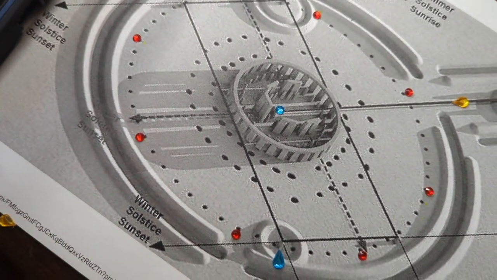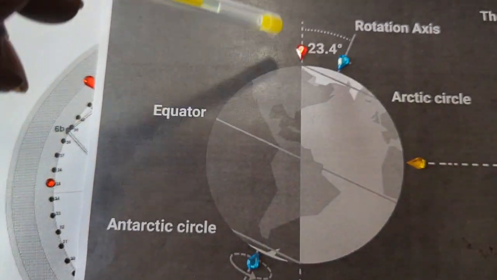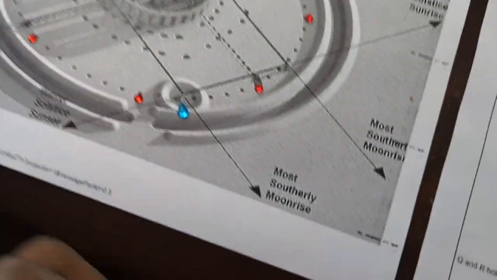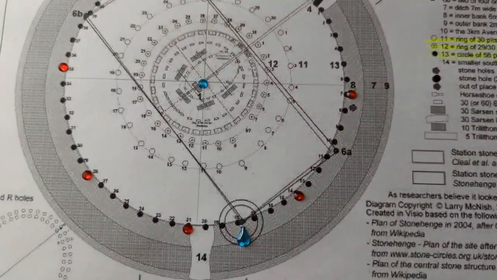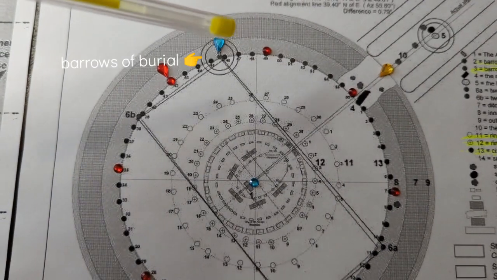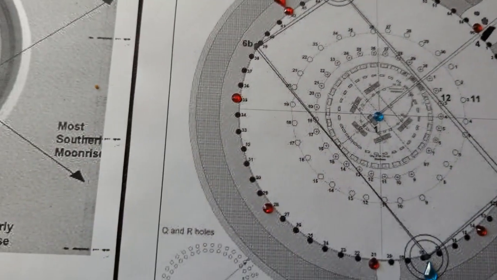We've got the red representing the top of the earth when it's not tilted. We've got the blue representing the tilt. That's why if you look here and here, you see different circles, because that's the indicator of the tilt.